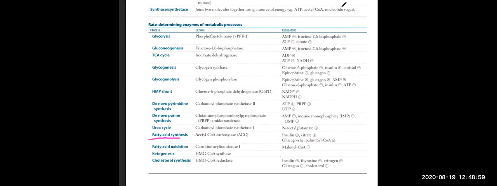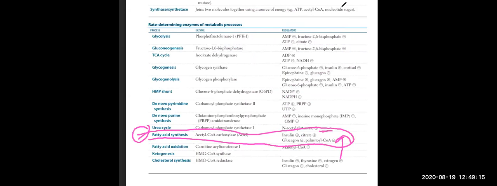So if you have more and more palmitoyl-CoA, it will say, I don't want to be produced more, please stop this production. So this more quantity of palmitoyl-CoA will cause feedback inhibition of fatty acid synthesis, and that is what they have written over here, because palmitoyl-CoA is the end product, okay, and citrate is the substrate.